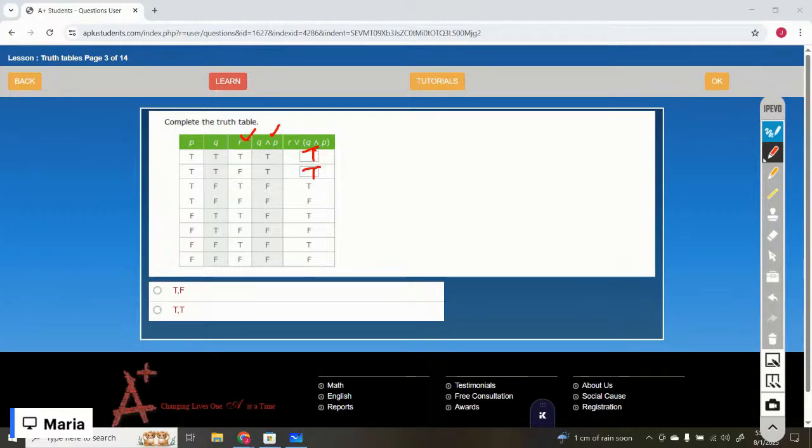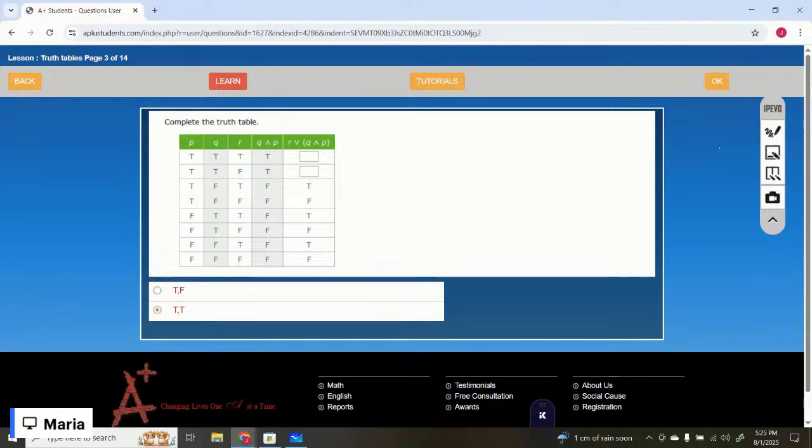False, true, true. So they both are true. Option number two is the correct option.